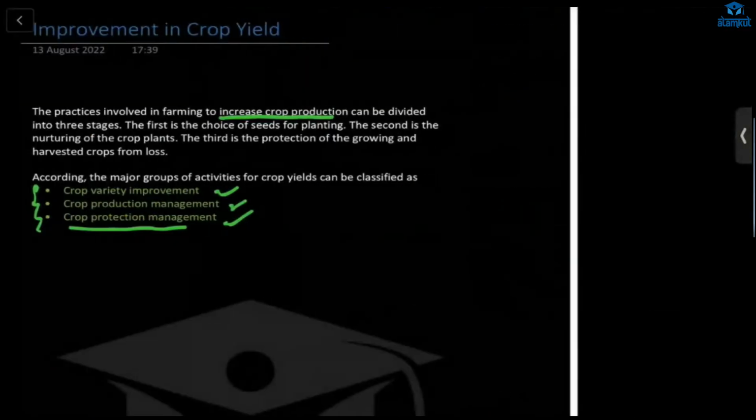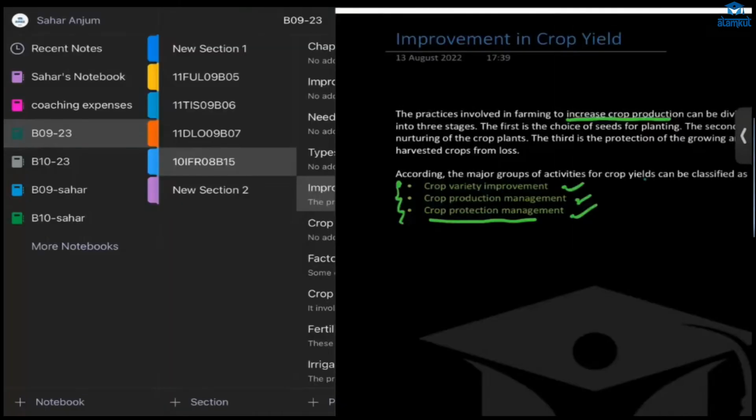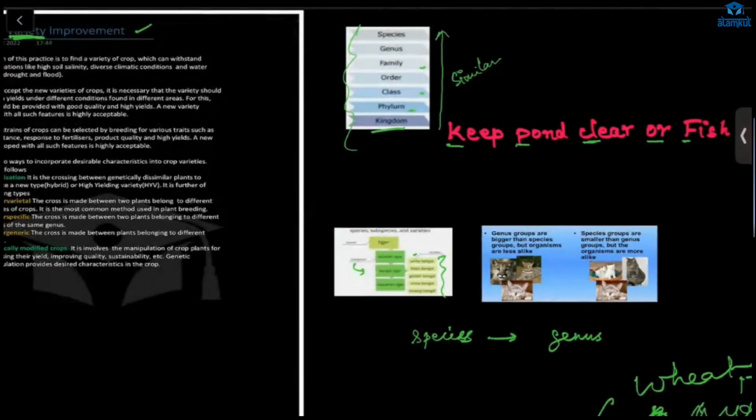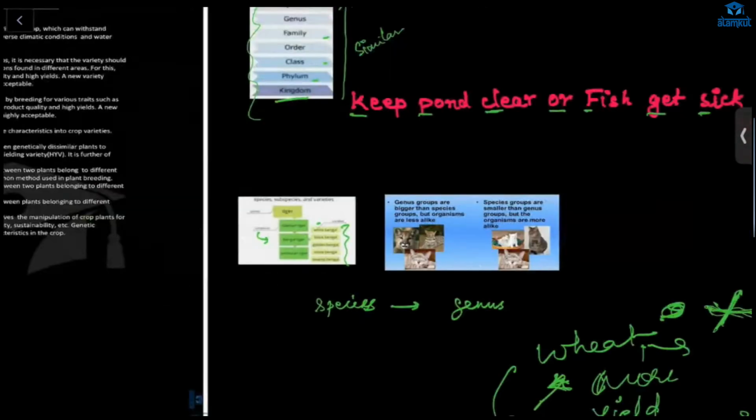After that, we talked about the ways to improve the crop yield, right? One is crop variety improvement, crop production management, and crop protection management. First, we were going through crop variety improvement. In this, we are improving the crop variety. What is variety?